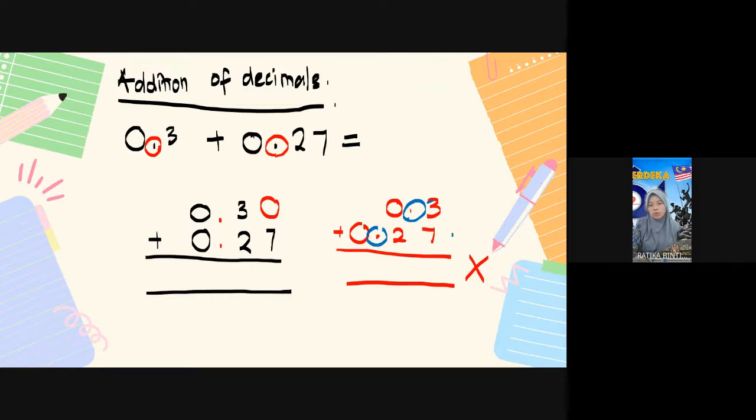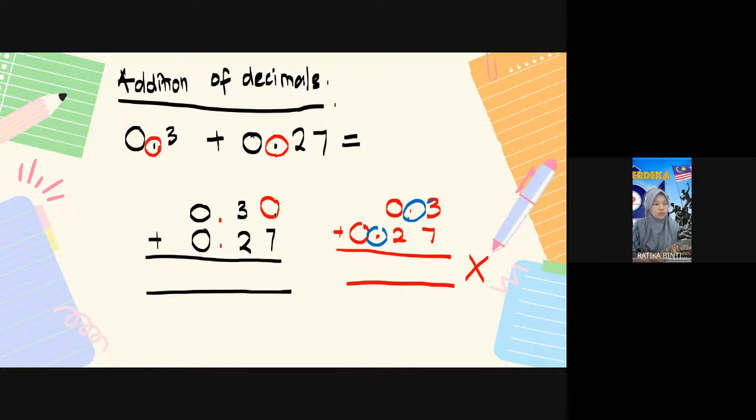So this is not the way you do it. Okay, in addition and subtraction of decimals, you need to make sure that the decimal point is in one straight line. Macam ni. So, kalau ada tempat kosong selepas itu, what do you need to do is you just need to add zero. Okay, just tambah zero saja tempat yang kosong yang tak ada nombor tu.